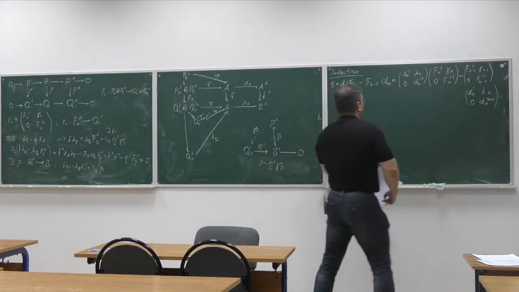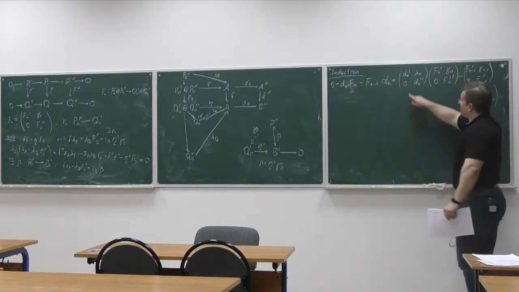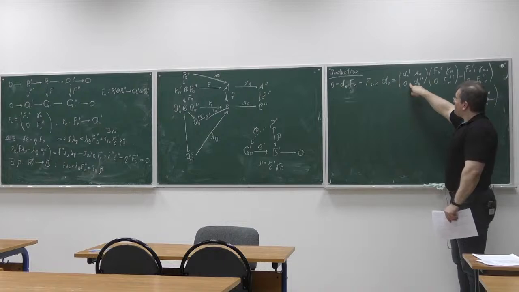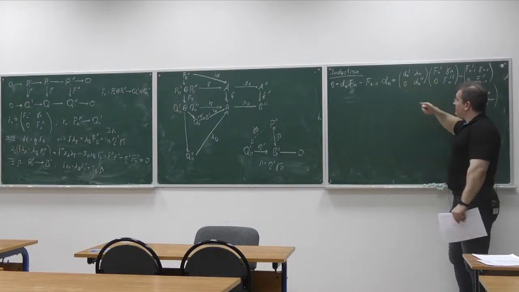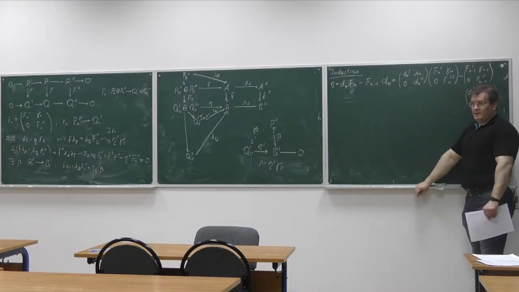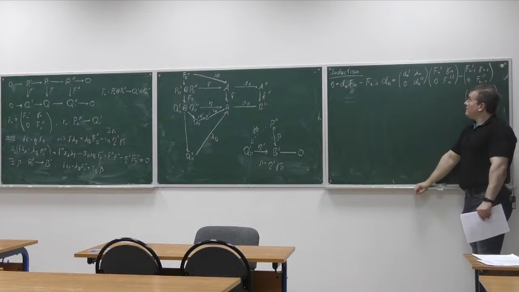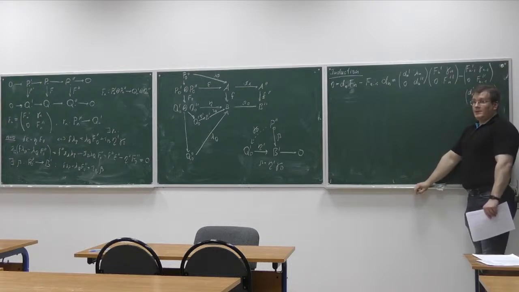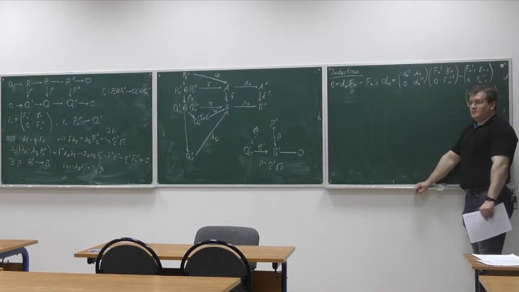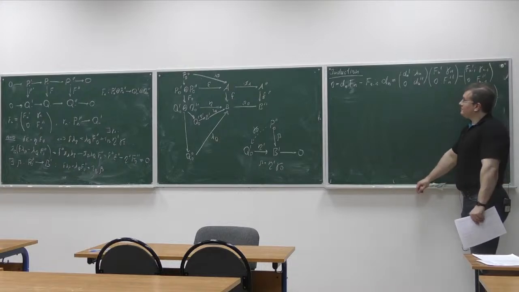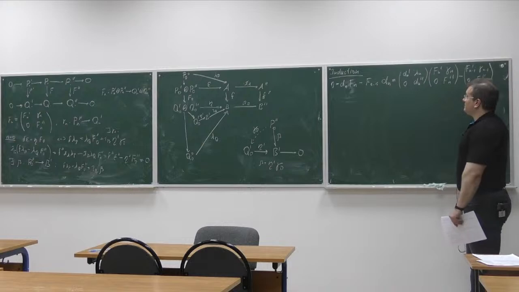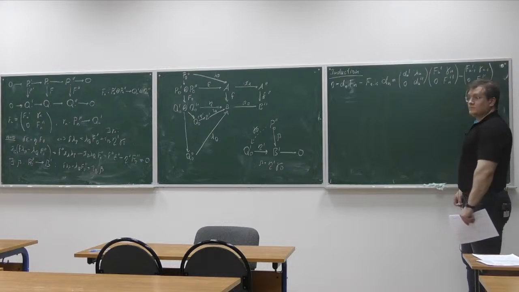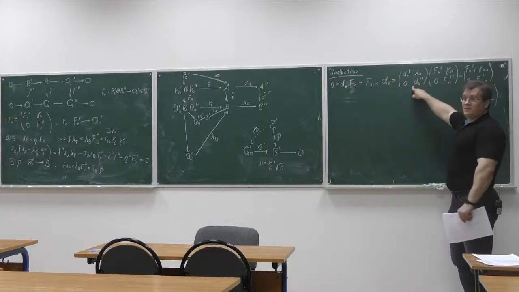Okay, so how do I know that for the differential I have the following structure, that I can also put 0 here? No, this is again the horseshoe lemma.